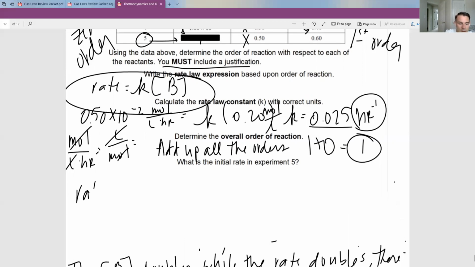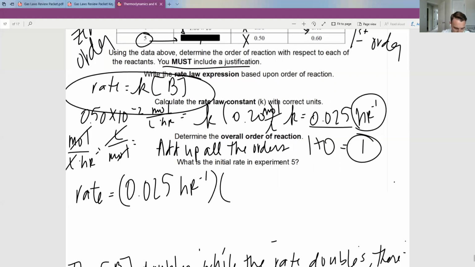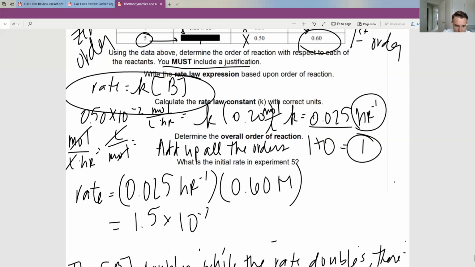So I'm going to say rate, because that's what I'm solving for, is equal to my k, 0.025 inverse hours, multiplied by the concentration of B, 0.60, that'd be molar, which is moles over liters. And so I do that math, it gives me 1.5 times 10 to the negative second, moles over liters times hours. You could write it a lot of ways. You could do molar over hours. Actually, those are the only two ways you could do it.